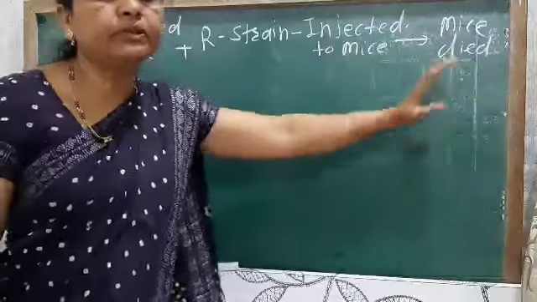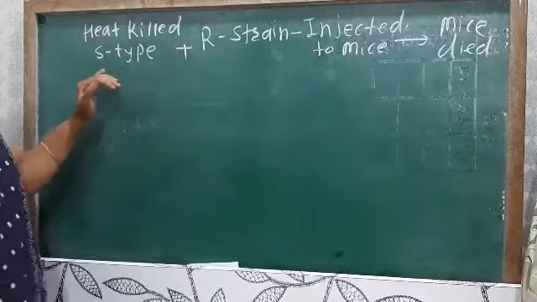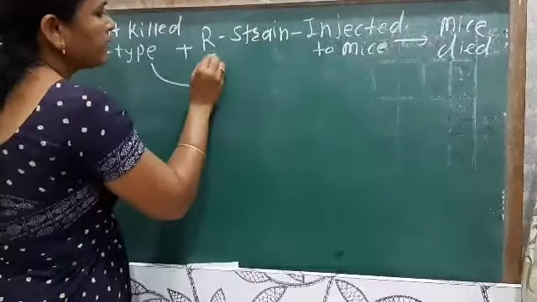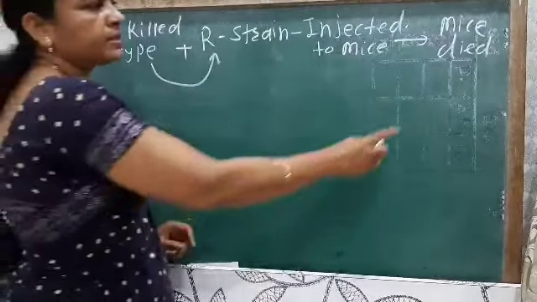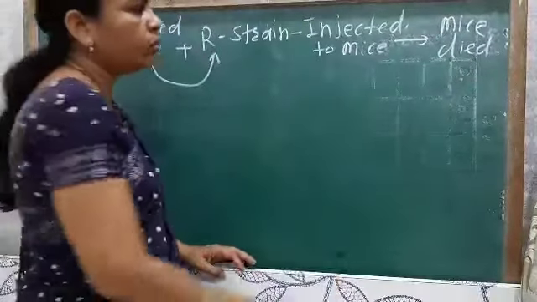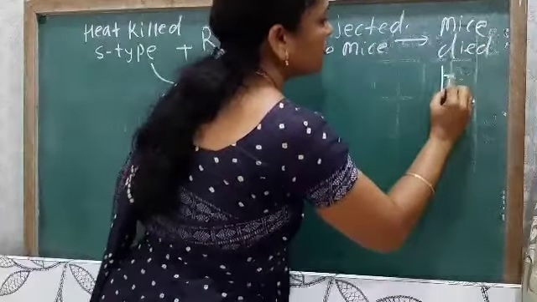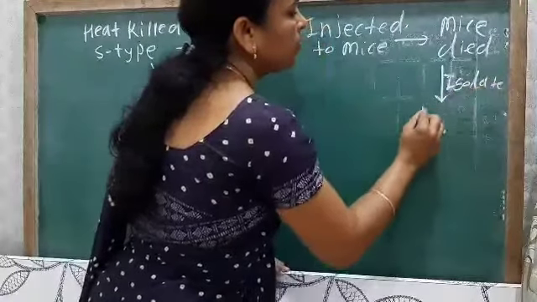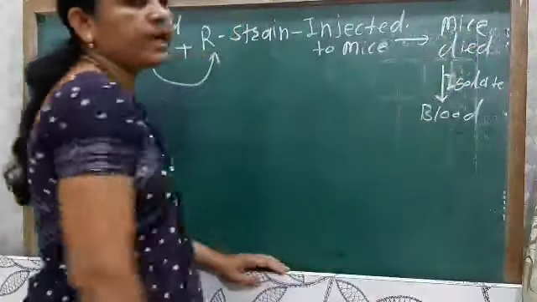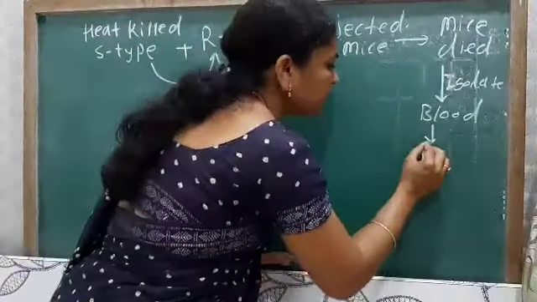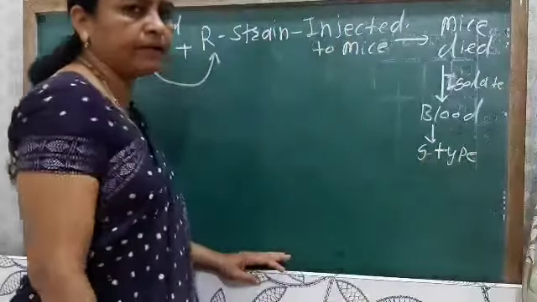So in this fourth step of Griffith's experiment, from the heat-killed S type bacteria there is one substance that is transferred into the R strain, due to which the mice dies. Griffith isolated the blood sample of the mice and observed that in this blood sample there are S type bacteria.